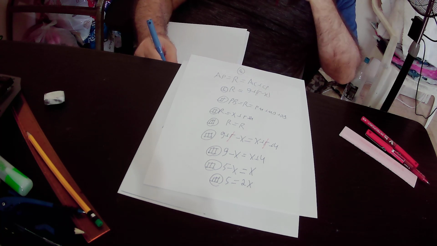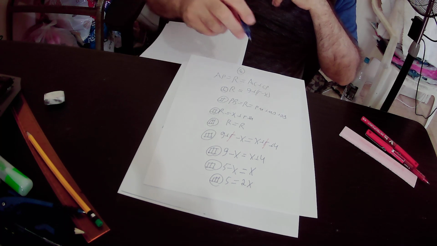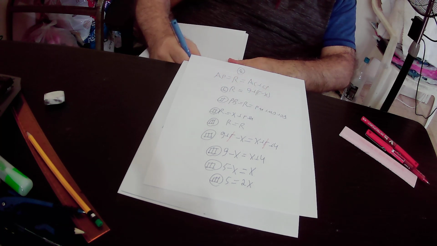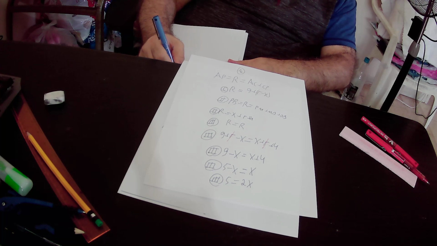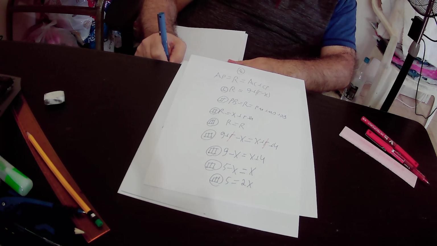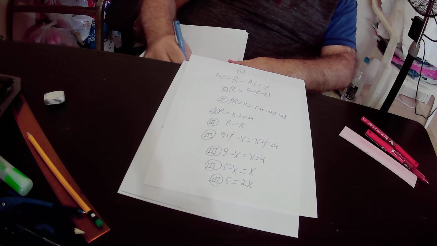Here we will divide this equality by 2 in order to get the value of x. Okay, so x will be equal to 5 over 2. 5 over 2 is 2.5 units. We got the value of x.